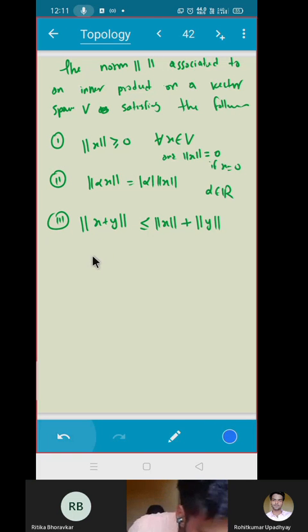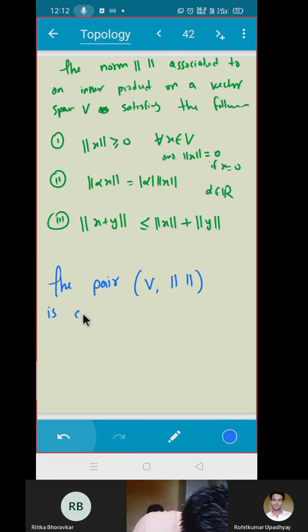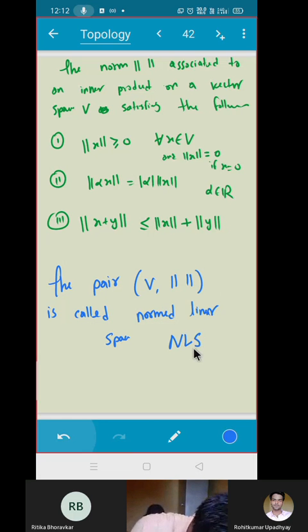Okay. Now, if the pair V comma norm is called normed linear space, or you can write it as NLS.